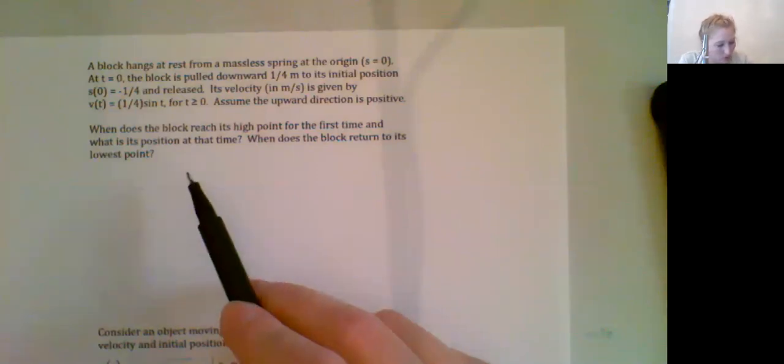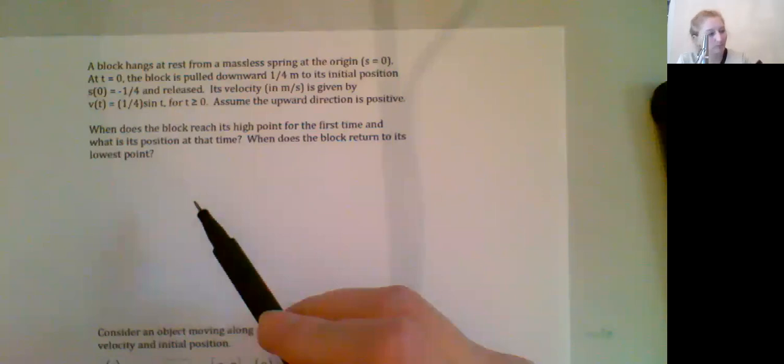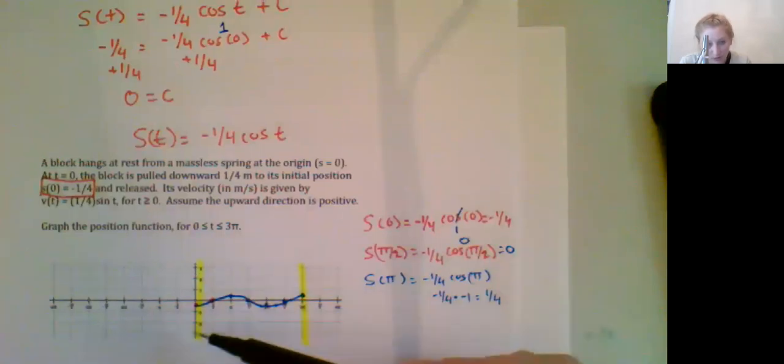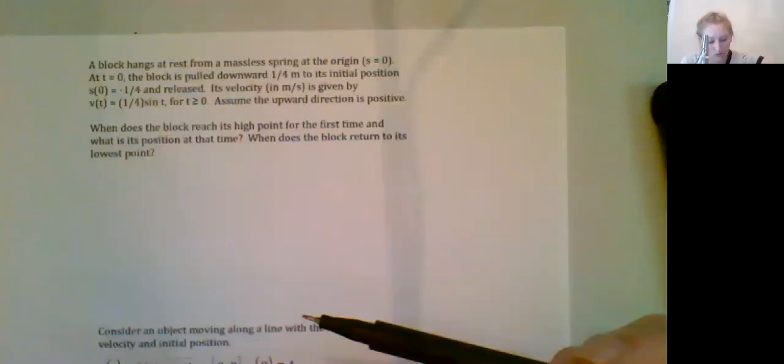Okay, so our highest point on our graph was a positive 1/4, and the lowest point was negative 1/4. So the highest was positive 1/4, and the lowest is negative 1/4.